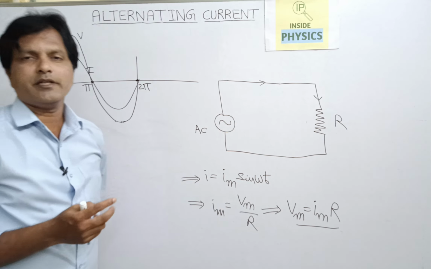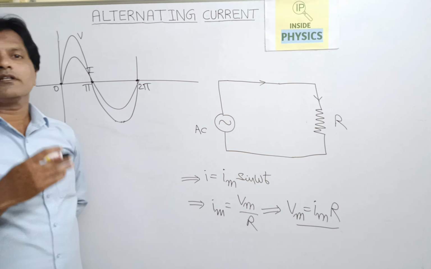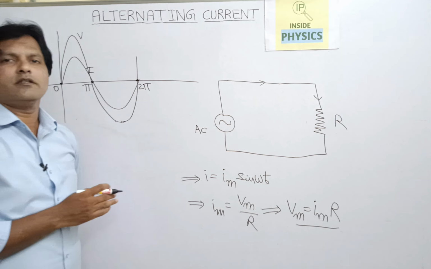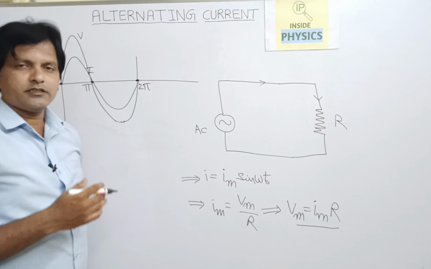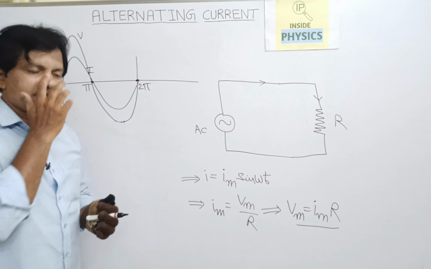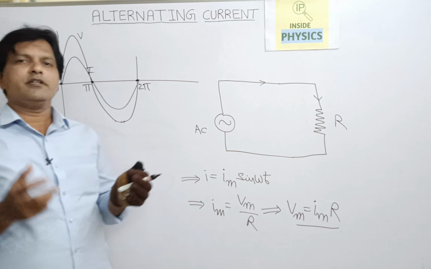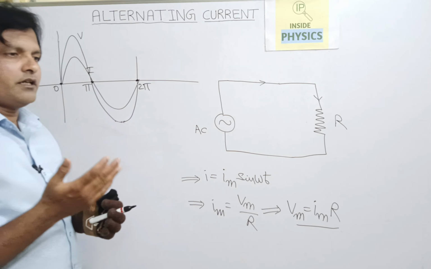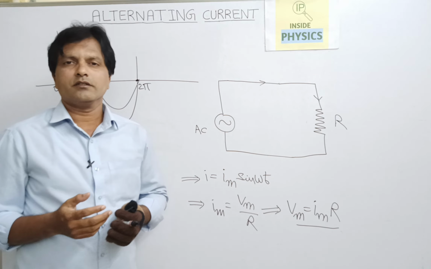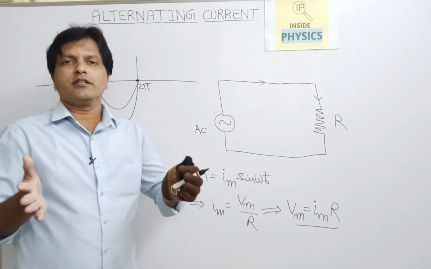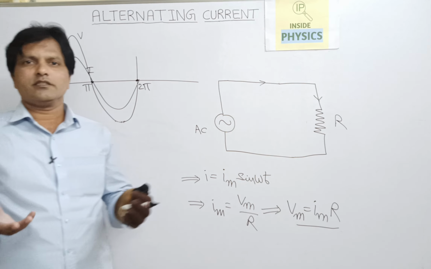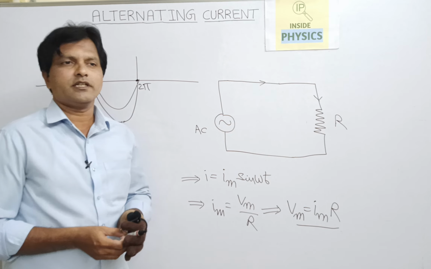Here, it doesn't mean that the average current or average voltage being 0 means there is no power consumption in the circuit. There is power consumption, and how do we know that? There is a consumption of power, and there will be a wastage of power also. We know in electrical wires, across a potential difference, the current is flowing, which we can see in our homes and in our offices.